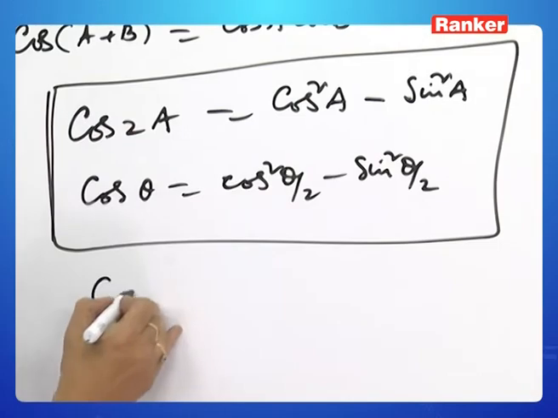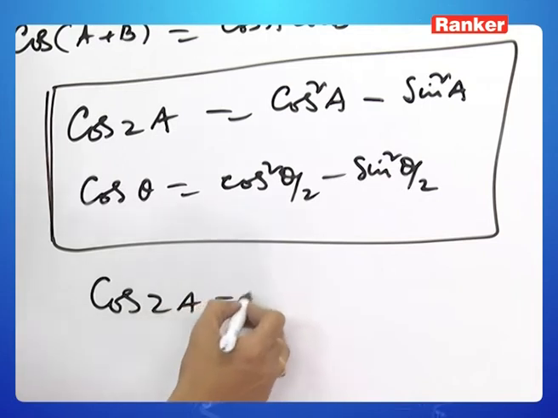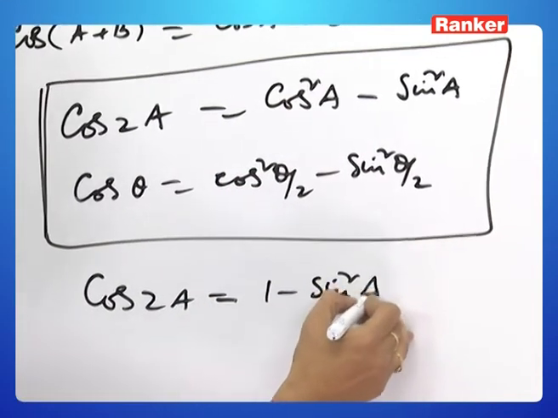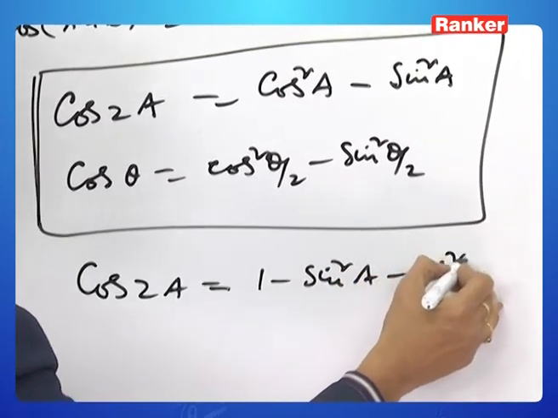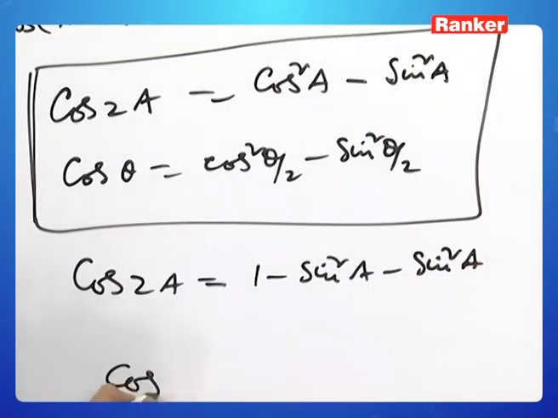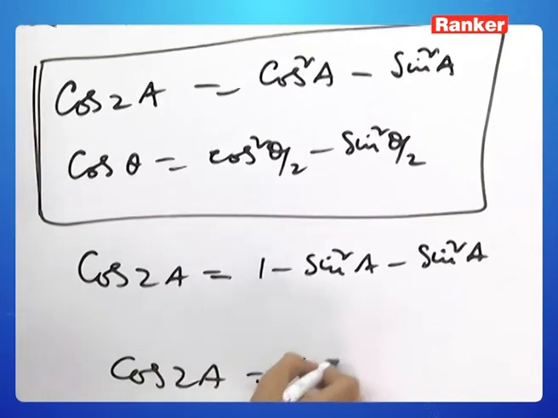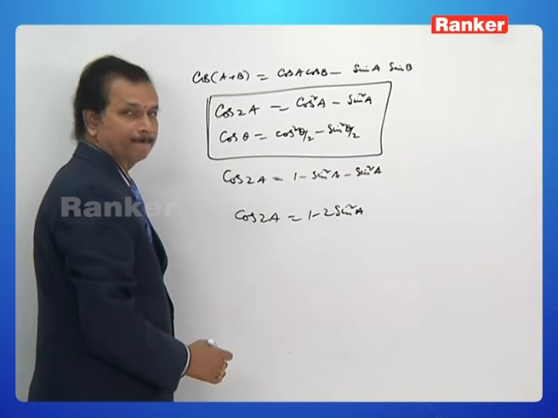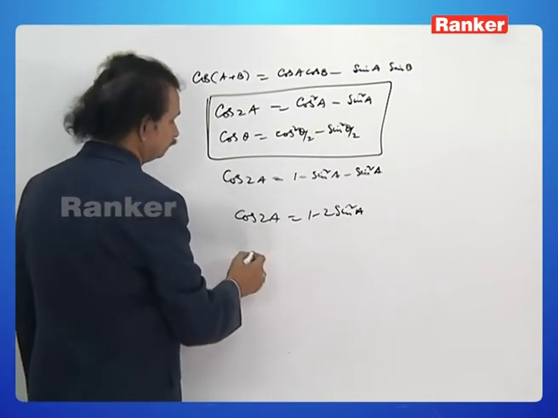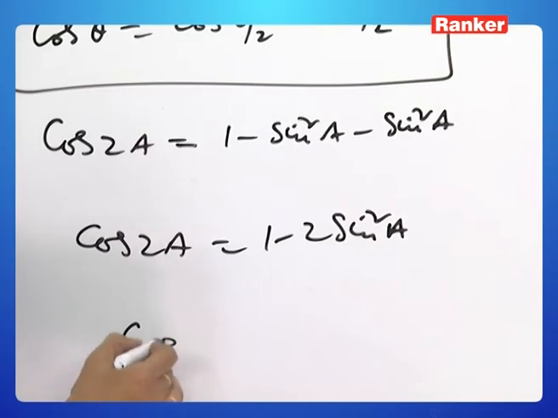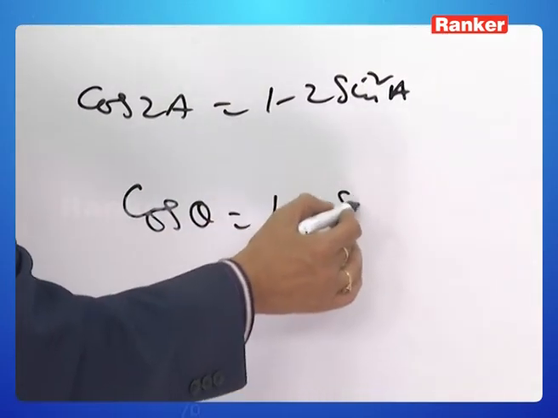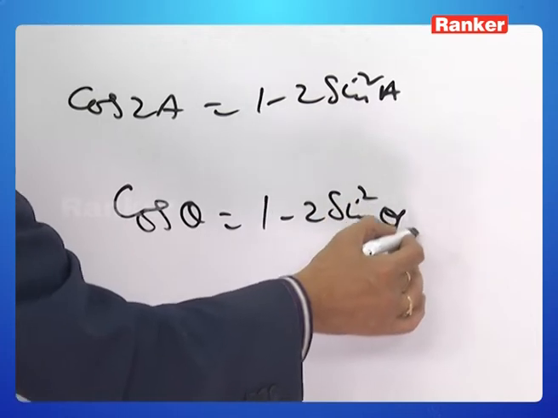Again, cos 2A is equal to, you write cos square A as 1 minus sin square A. So that we have cos 2A is equal to 1 minus 2 sin square A. So, cos theta is equal to 1 minus 2 sin square theta by 2.